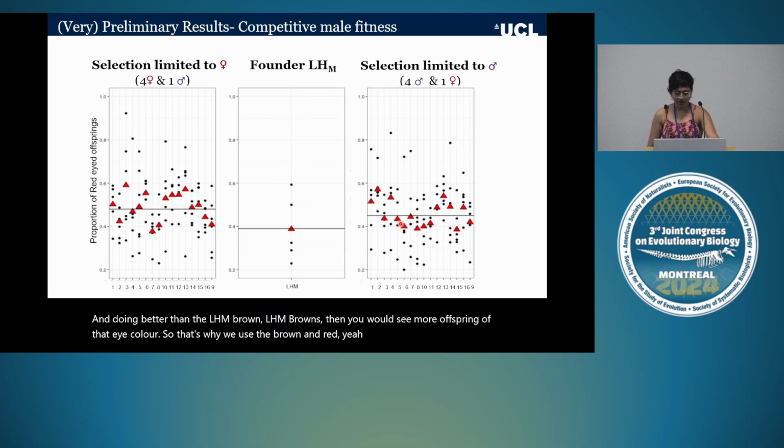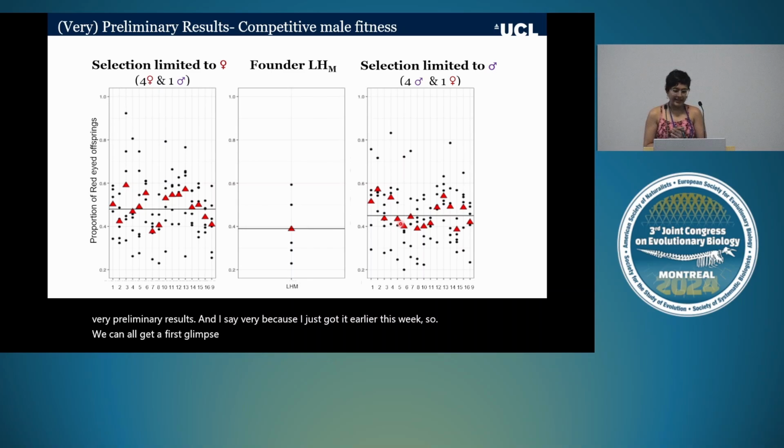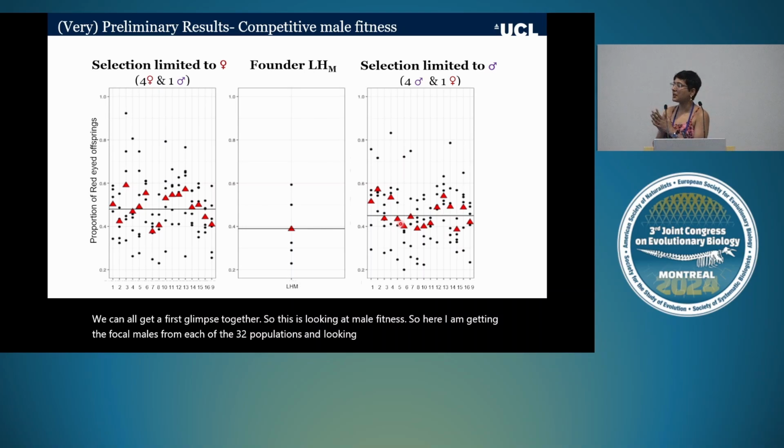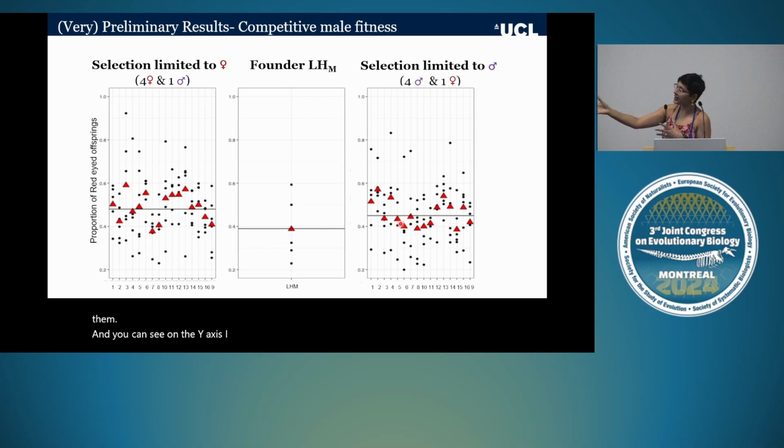Okay, so I'm going to show you very preliminary results, and I say very because I just got it earlier this week, so we can all get a first glimpse together. So this is looking at male fitness. Here I am getting the focal males from each of the 32 populations and looking at what's actually happening to them. On the y-axis I have proportion of red-eyed offspring, and on the x-axis I have the different replicates.